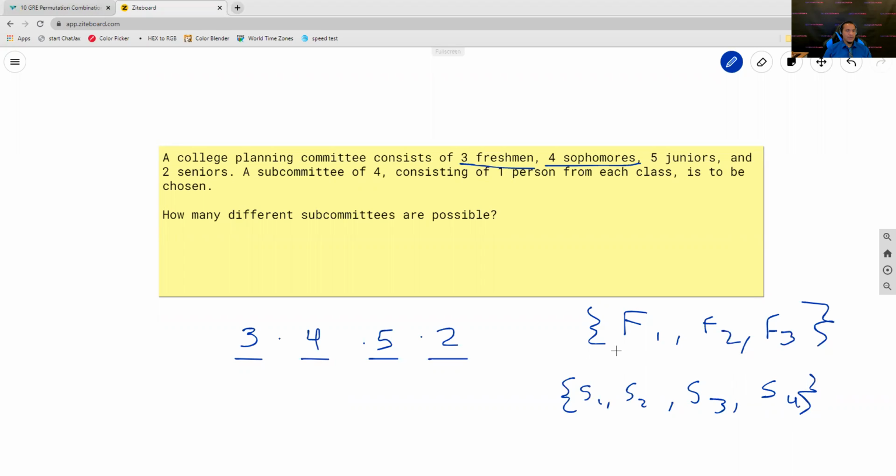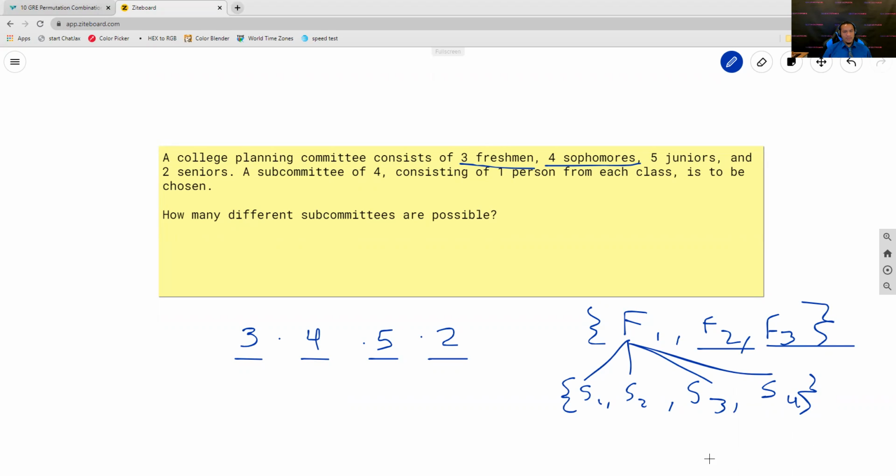Now, I can pick freshman 1 and sophomore 1, freshman 1 and sophomore 2, freshman 1 and sophomore 3, or freshman 1 and sophomore 4. So that's already 4 different pairings. Then I just repeat the same thing for freshman 2 and freshman 3, and I just get 12.